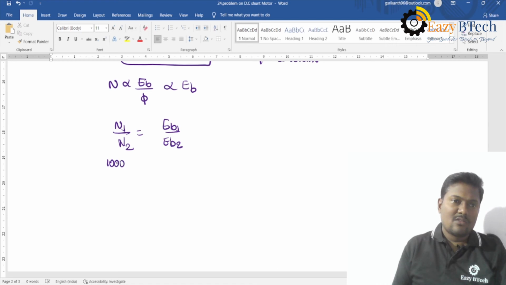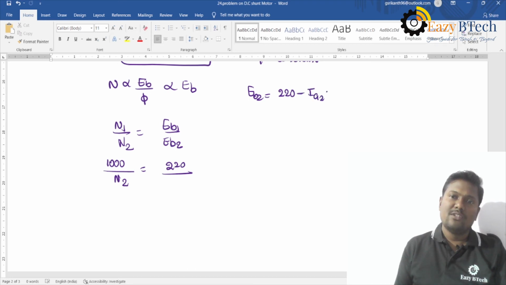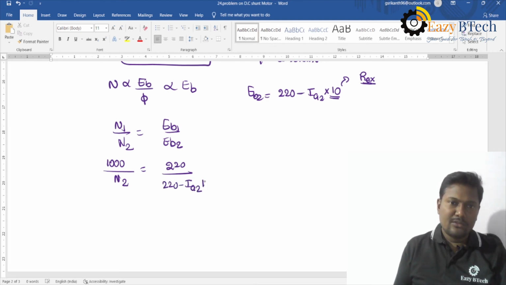N1 is 1000, and Eb1 is 220. What is Eb2 at the new value of current? It is 220 minus Ia2 into 10. This 10 is the external resistance; the armature resistance is 0. So 220 minus 10 Ia2.